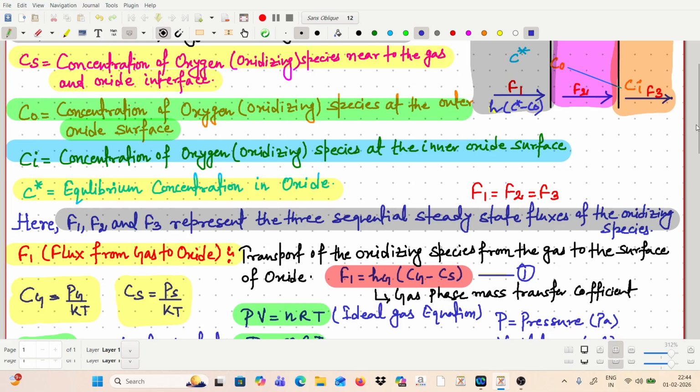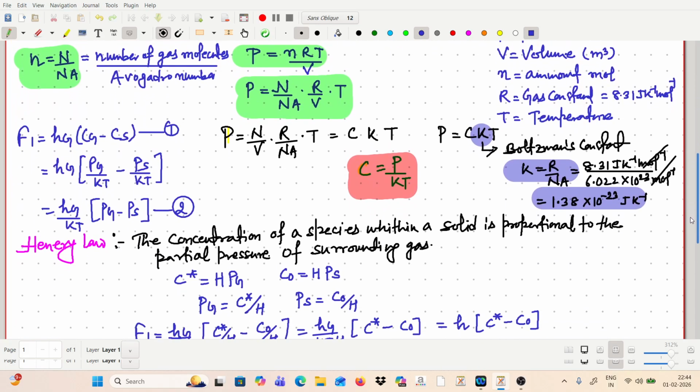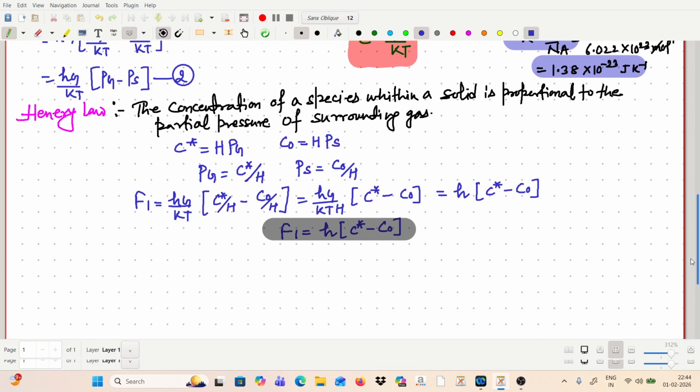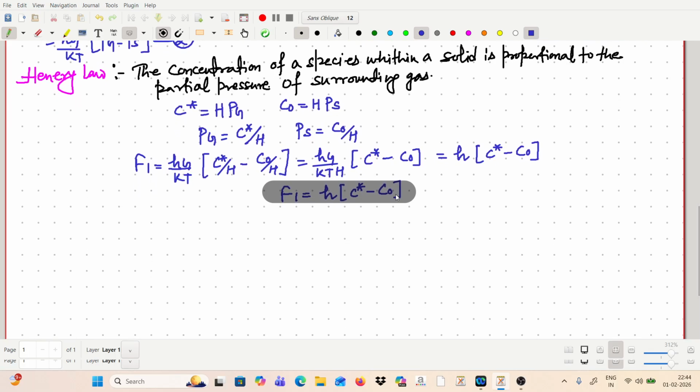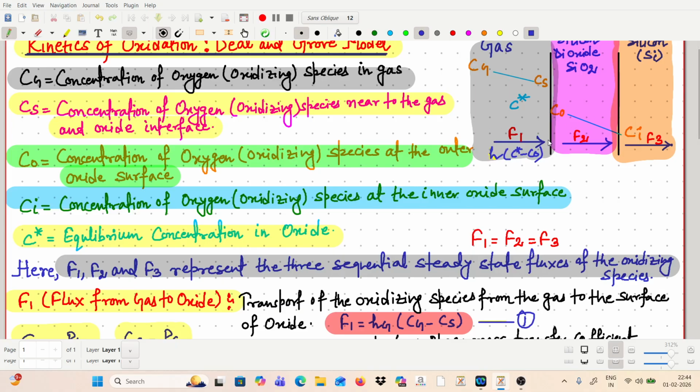So this is all about F1. We have focused only on F1, so the F1 value will be H times C star minus C naught. Now we have to think about F2, that is the flux through the oxide. F1 was the flux from the gas to the surface of the oxide.